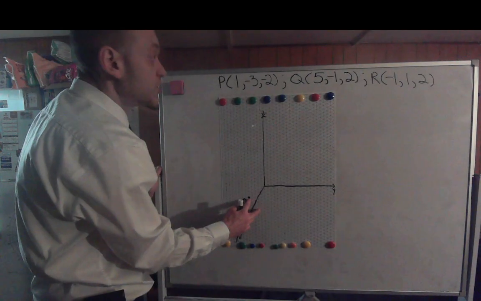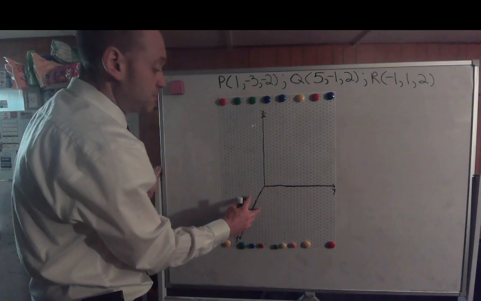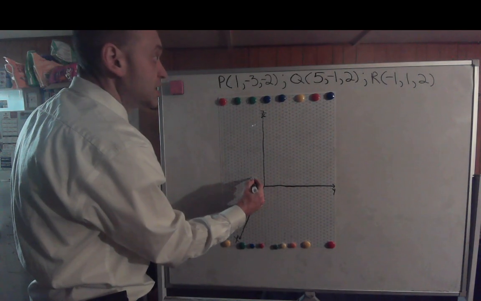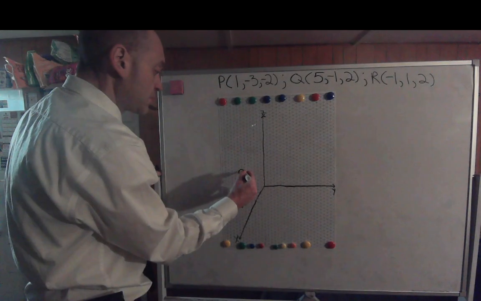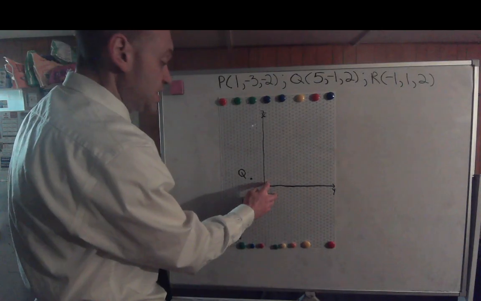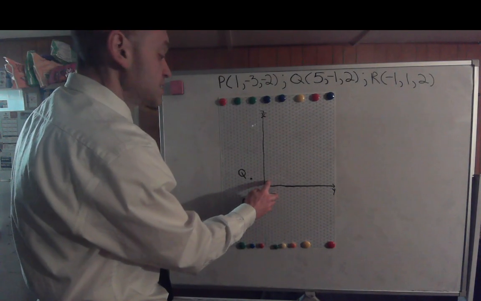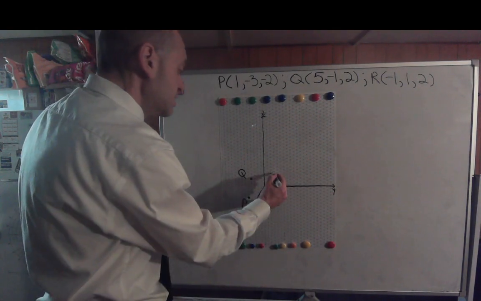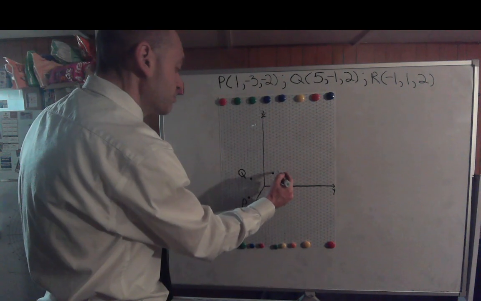To the left on your Y, and then up 2 would be right about there for point Q. And then point R, we go negative on the X, so right about here, +1 on the Y, and then up 2 on the Z is going to put me about right here for point R.